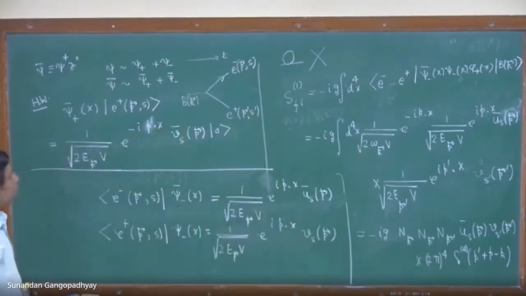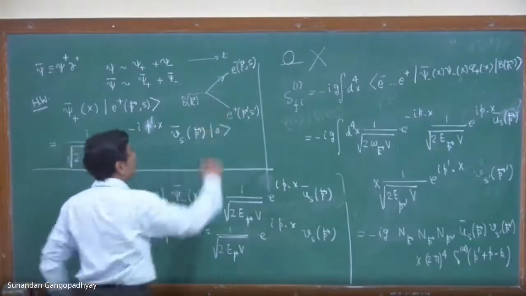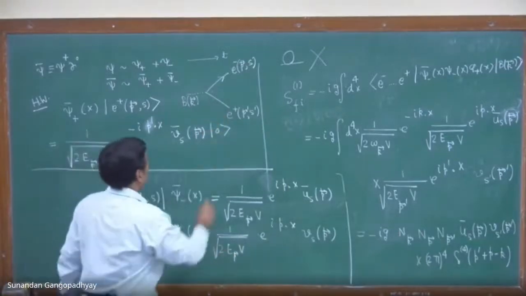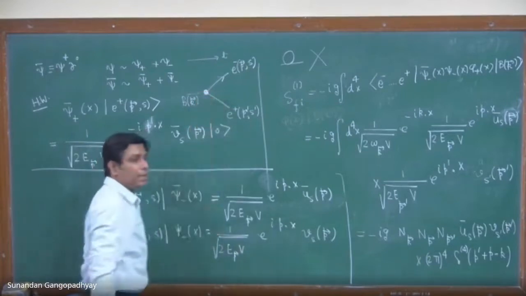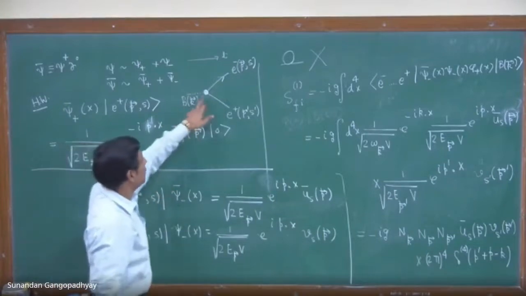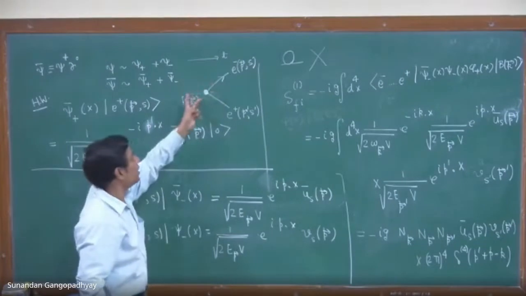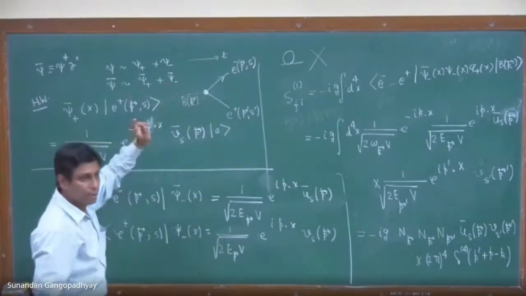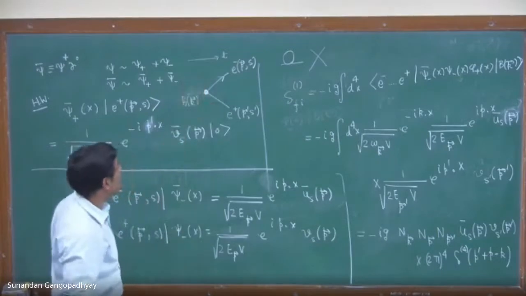I have still not put the direction of the arrow on this positron. But you can understand that this is the vertex. Just as I told you there were 4 lines in the vertex before, here the interaction is psi bar psi phi. So 2 fermionic lines, 1 scalar. So that is why this is the vertex.